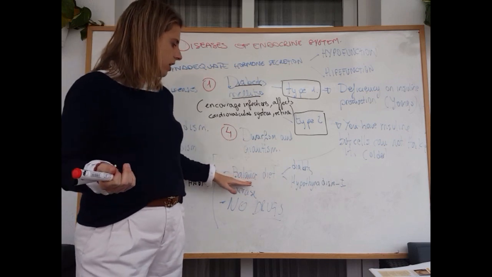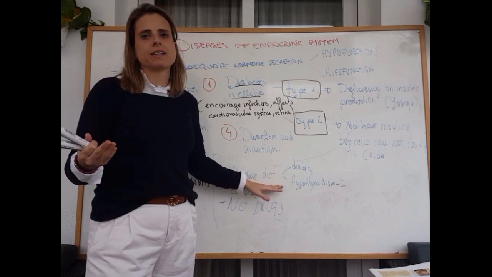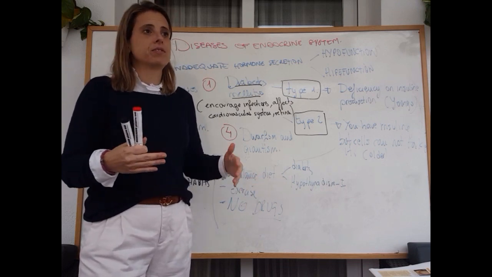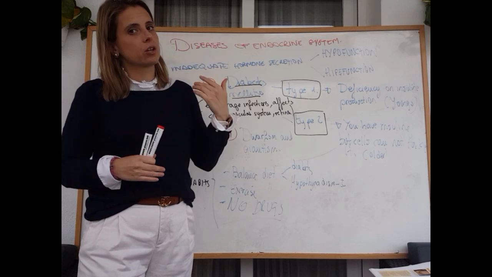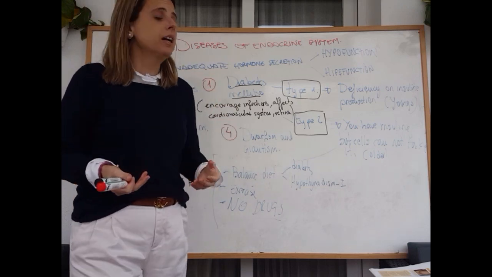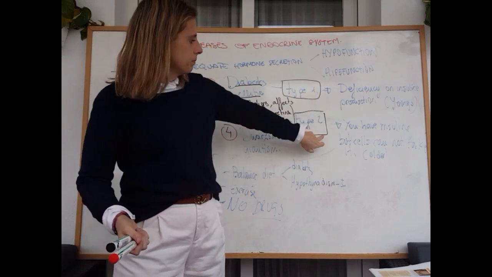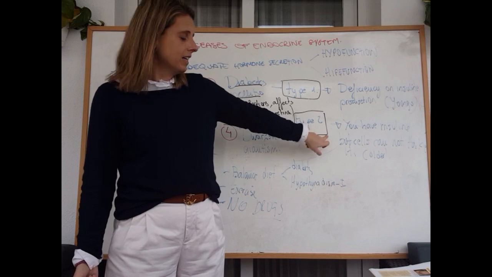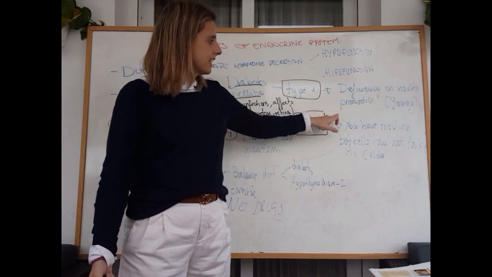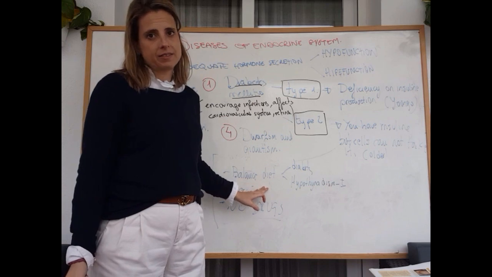Then, healthy habits to take care of our endocrine system and not to damage its functions. It's essential to have a balanced diet. If you don't have a balanced diet, now that you are 14 or 15, but when you get older and you eat, for example, too much sugar, you can have diabetes type 2. So you can prevent this diabetes from appearing if you have a balanced diet.